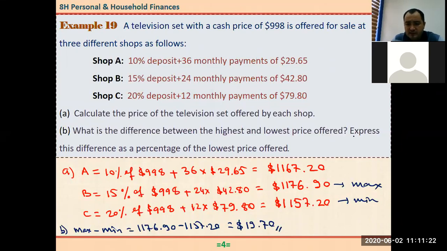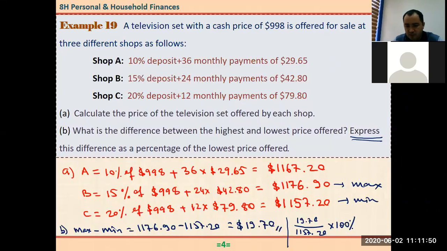And another question says to express this difference as a percentage of the lowest price. Okay, so here we can do this. Let me draw a line here. That is 19.70 over, what is the minimum price? This, 1157.20, as a percentage.